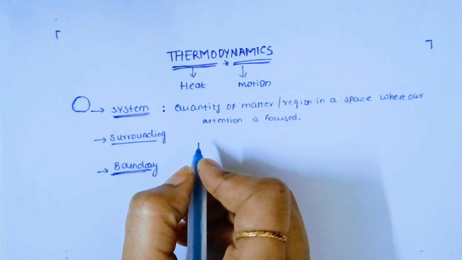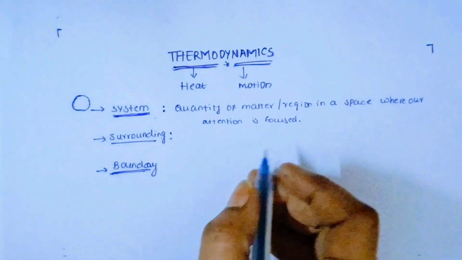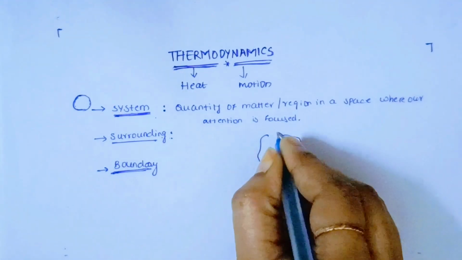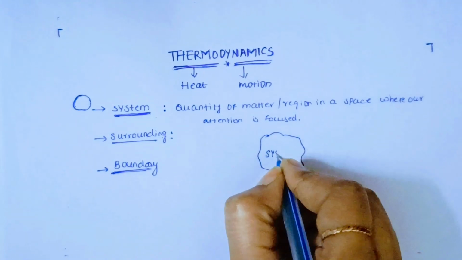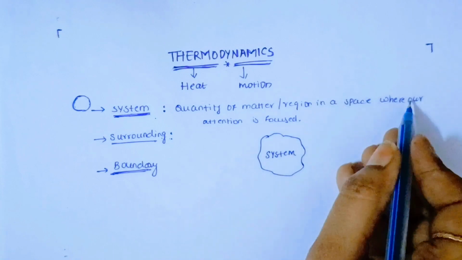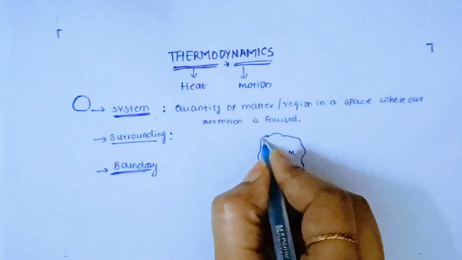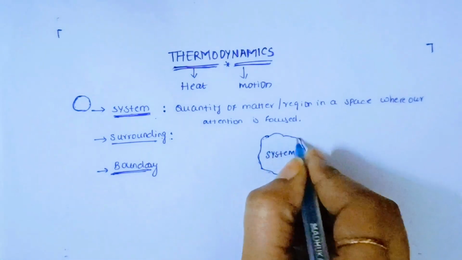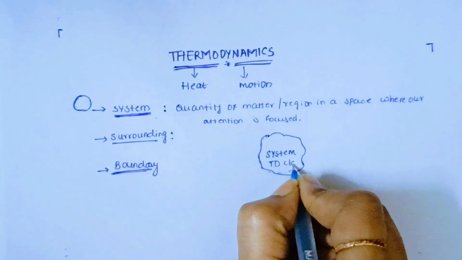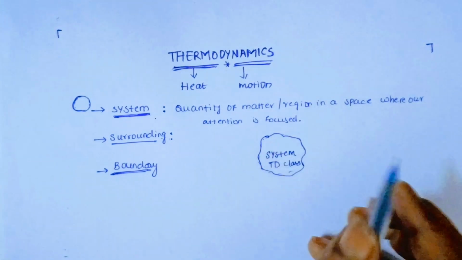Understood? I will give the definition for these three. If you want, you can write it. System is where our attention is focused, the quantity of matter or a region in a space where our attention is focused. Take this as our classroom, this thermodynamics class, which is a system.